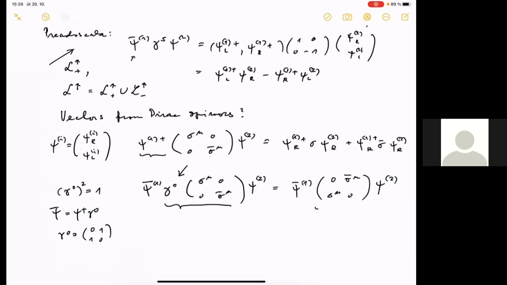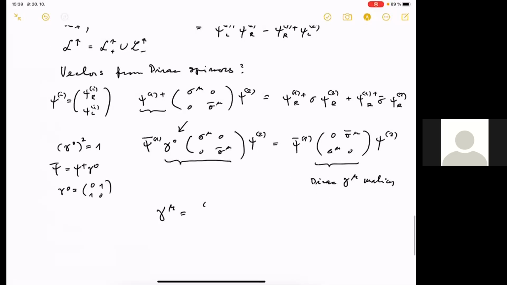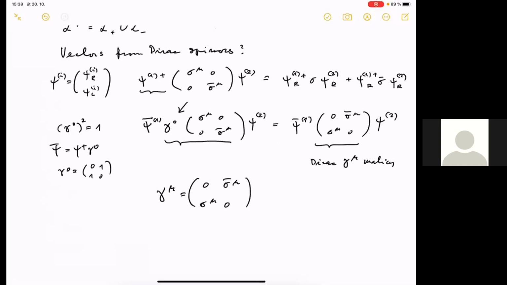And these matrices are in this context called the Dirac gamma mu matrices. Therefore, gamma mu is just 0, sigma bar mu, sigma mu, 0 in terms of 2 by 2 blocks. So there is a possibility to construct a vector from Dirac spinors, simply psi 1 bar times gamma mu psi 2.